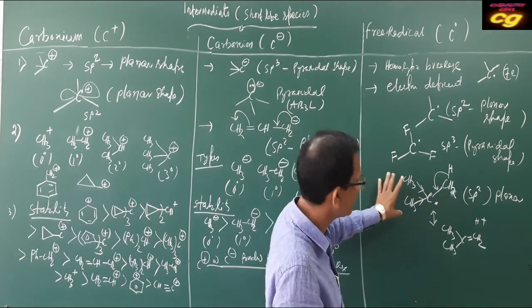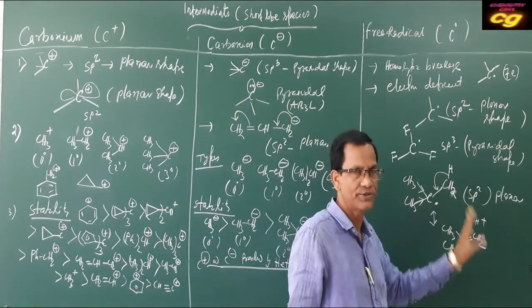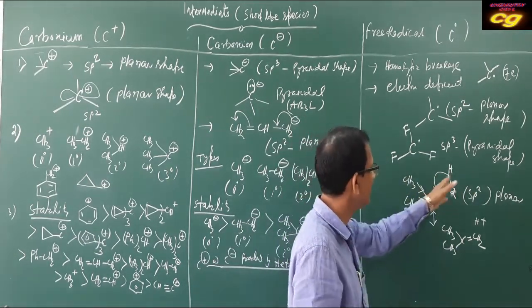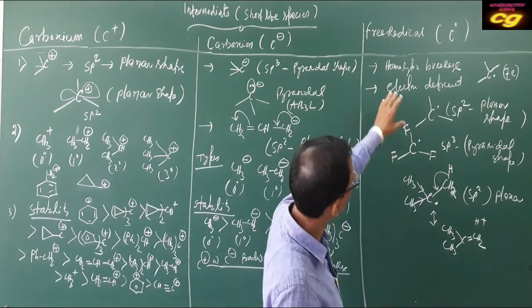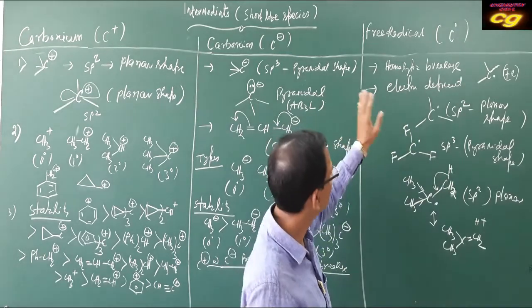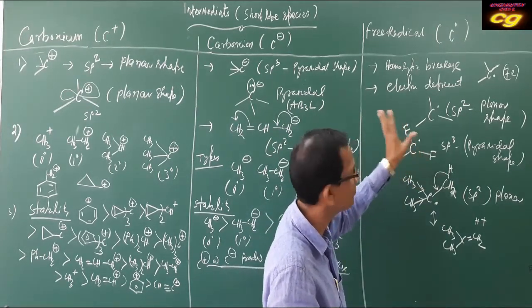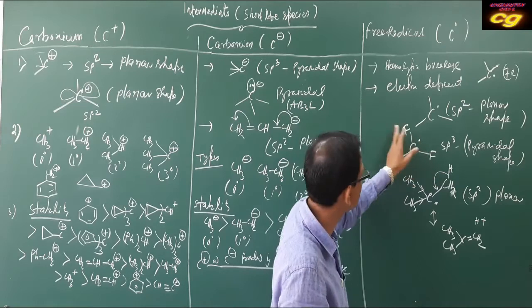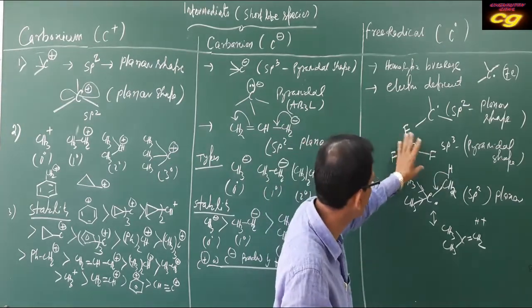So this type of compound has sp2 hybridization, and it is mainly involved in the formation of a pi bond. In the fluorine case, fluorine has no vacant orbitals, so it cannot form a pi bond.